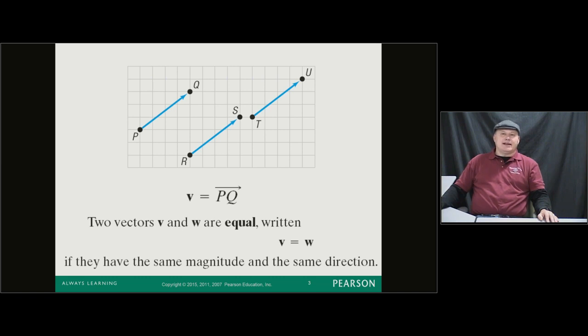The same direction means the arrows point in the same direction, and the line segments technically have what we call the same slope. So in terminology that we already know, they have the same distance between them and the same slope, but the arrow has to be pointing in the same direction.